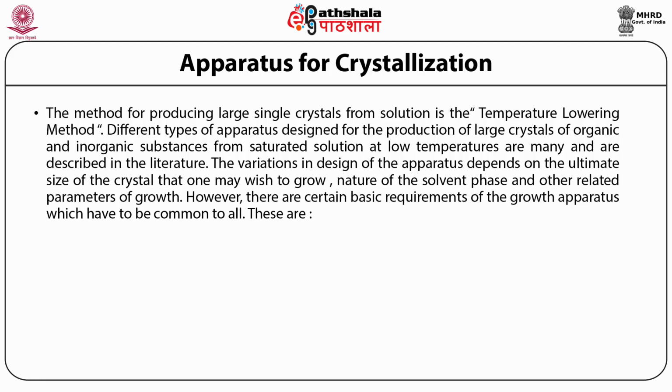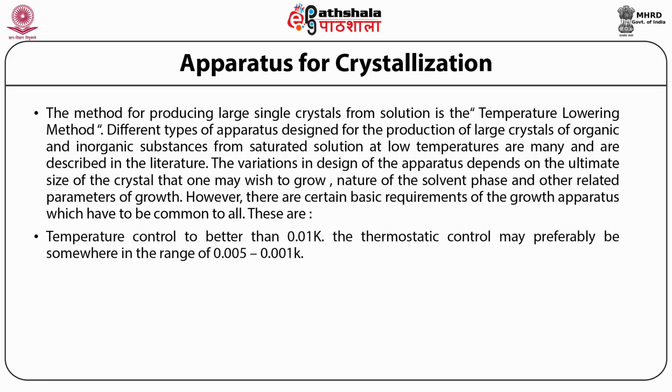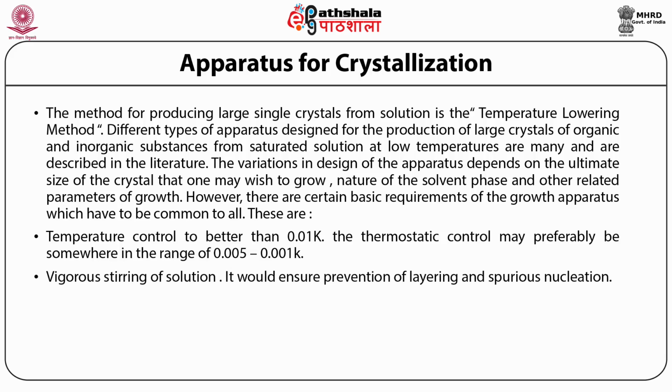However, there are certain basic requirements for the growth apparatus which have to be common to all. These are temperature control to better than 0.01 K. The thermostatic control may preferably be somewhere in the range of 0.005 to 0.001 K. Vigorous stirring of solution.